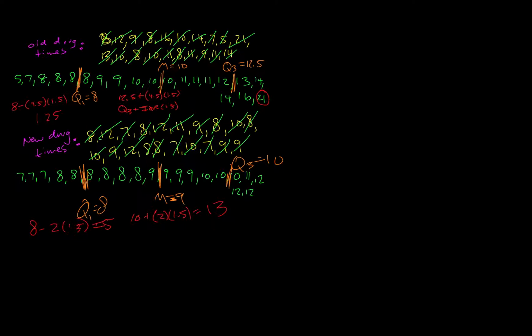Okay, so when we're choosing how to draw our plot, we want to use enough numbers to cover everything. Our lowest number is 5, and our highest is 21, and that will fit everything. So we want to go from 5 to 21.